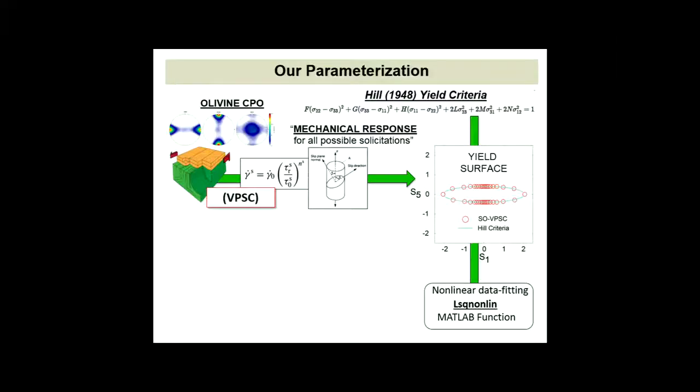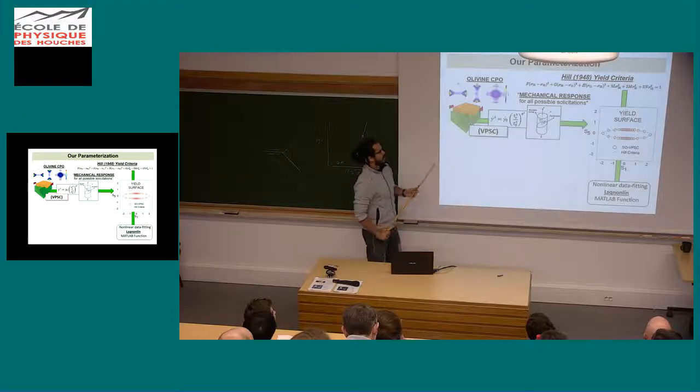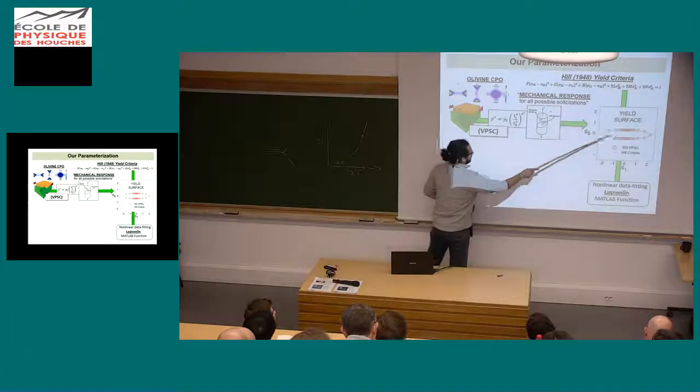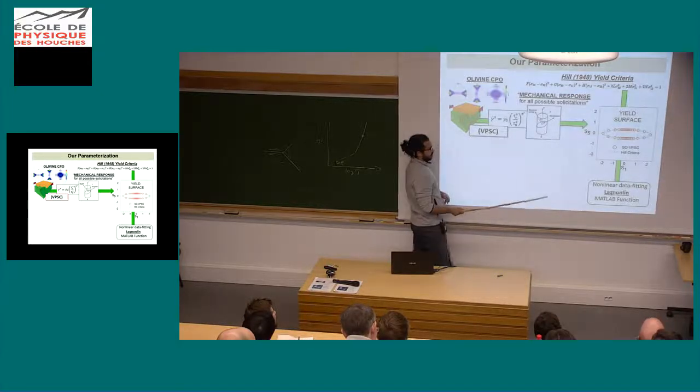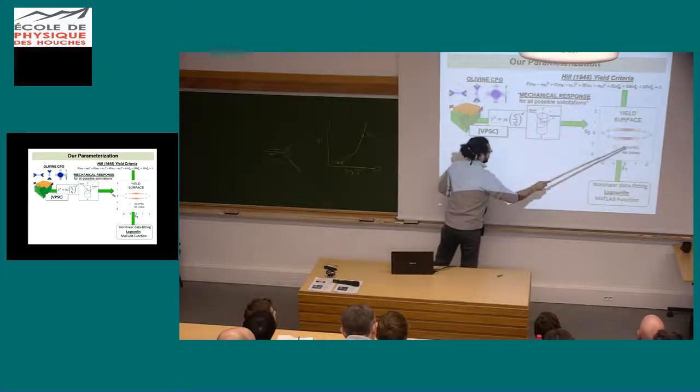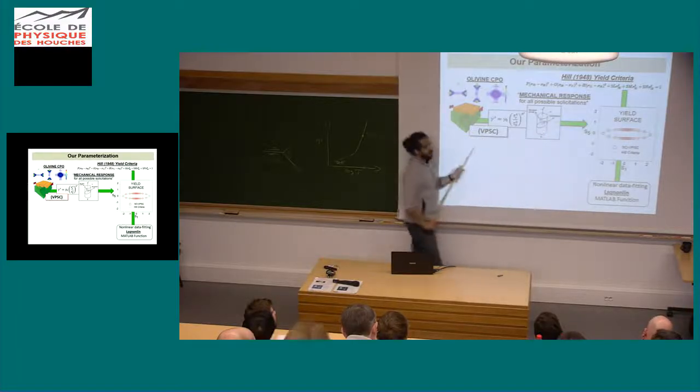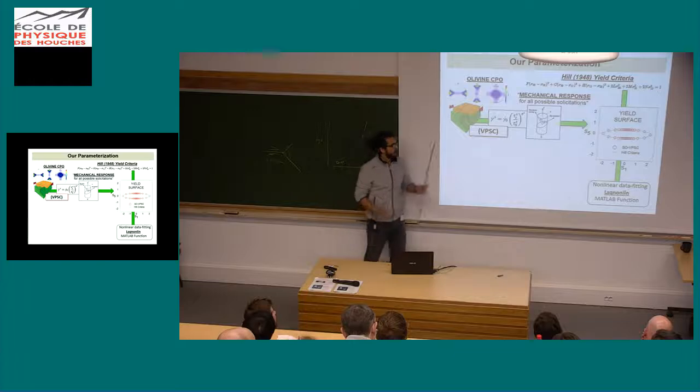Then we have the yield surface relative to that olivine CPO. So that in red are the second order VPSC, viscoplastic self-consistent model, predictions. And we fit these predictions using the Hill yield criterion, quite an old criterion that works quite well.